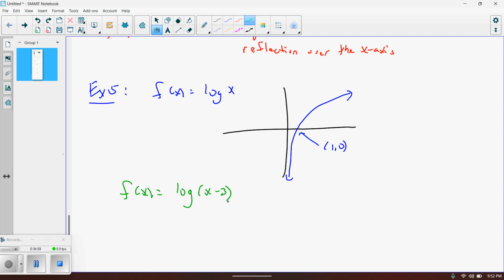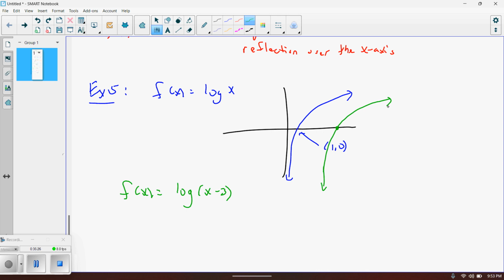So then the whole thing would shift to the right 3 units, meaning that the x-intercept would no longer be 1, 0. It would be at 4, 0, and the shape would then be the same. One of the differences is that you now have a different kind of an asymptote, a vertical asymptote, which again, we really haven't talked about, but the vertical asymptote would shift from being at 0 to being at 3.